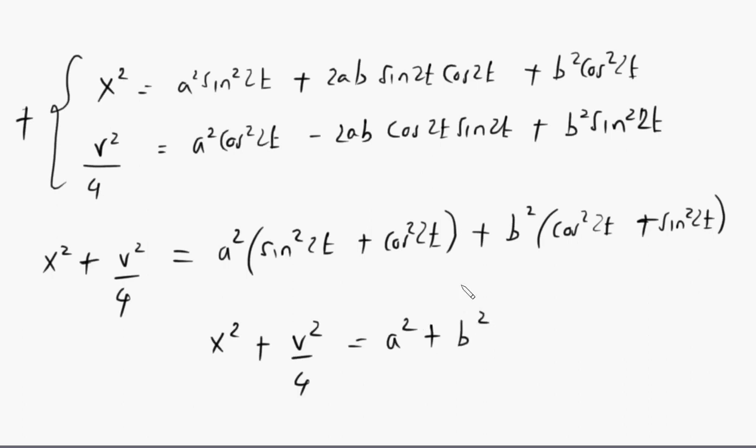So now, this x squared naweza nikaileta upande wa huku. So nitabaki na v squared over 4 is equal to a squared plus b squared minus x squared.